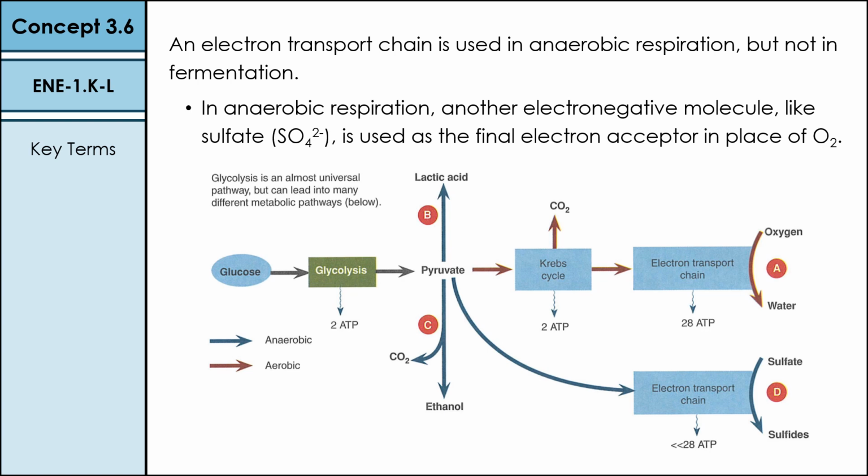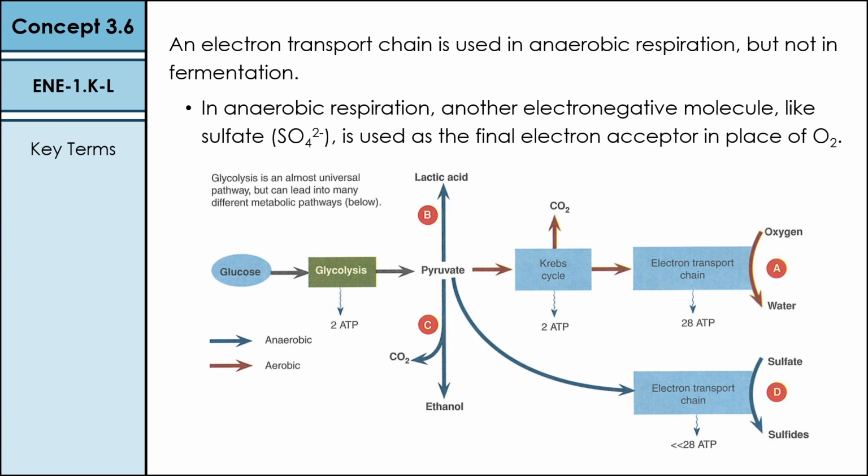Now, a lot of the time that is going to be sulfate. So this is the pathway that organisms use when they live in environments where oxygen gas is not present all the time. This is going to follow a similar electron transport chain like we see in aerobic cellular respiration. But at the very end, when we send off those electrons after they've progressed through the pathway, oxygen gas isn't going to be there to pick it up. Instead, it's going to be a molecule like sulfate, SO4.